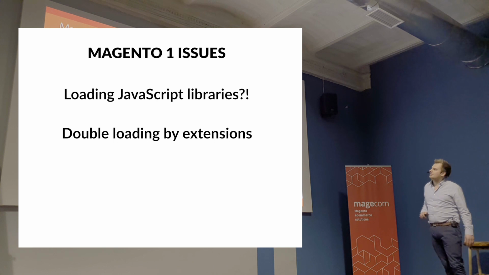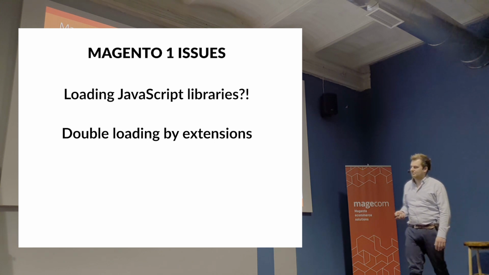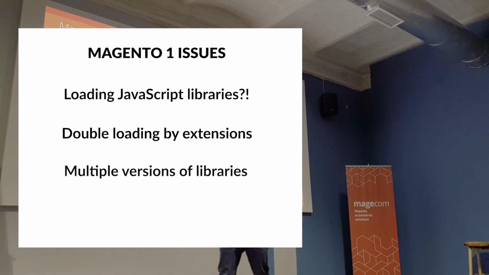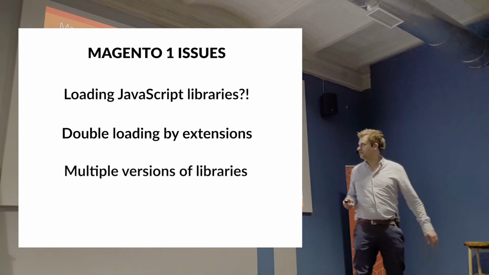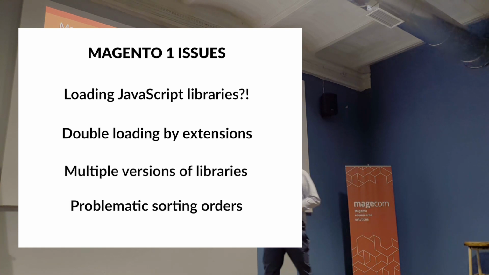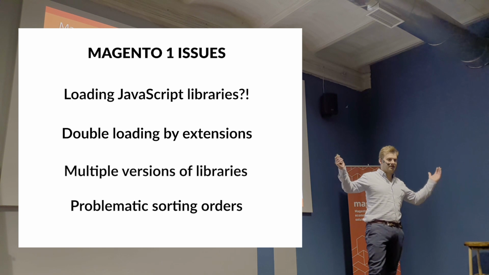And if you install jQuery 1.9 and the extension comes with 1.10, you're going to have multiple versions of jQuery. And there are problematic sorting orders. For instance, you load a jQuery plugin, and then you install an extension that also loads jQuery, and your plugin is gone again.